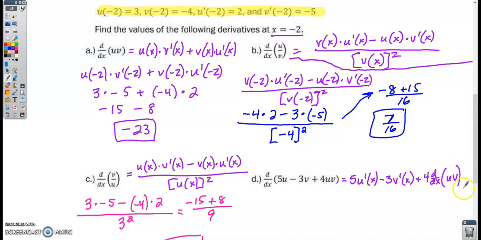And I'm going to do that because I'm cheating on this problem. You'll see what I mean when I get there.